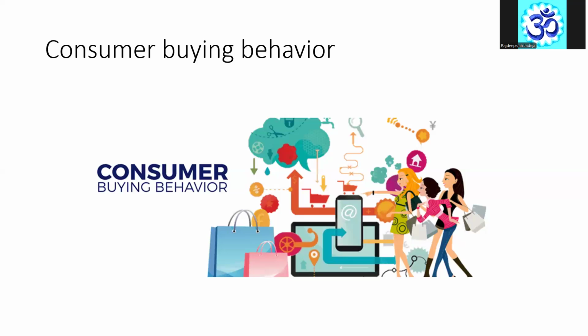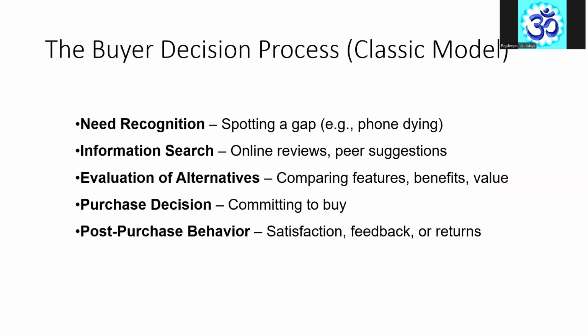So in this consumer buying behavior, let us see the buyer decision process, which is a classical model. How does the buyer decide what he or she needs to purchase? First comes need recognition. Before any purchase, the consumer must decide whether there is a need for a particular product.